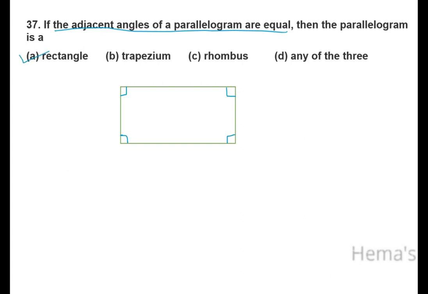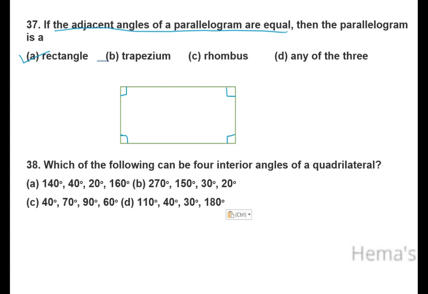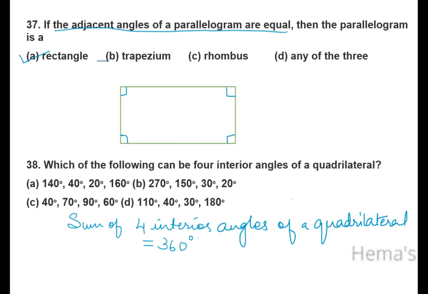Hence, option A is correct. Question 38. Which of the following can be four interior angles of a quadrilateral? We know that the sum of four interior angles of a quadrilateral is equal to 360 degrees. Therefore, 140 plus 40 is 180, plus 20 is 200, and 200 plus 160 will give you 360 degrees. Hence, A is the correct option.